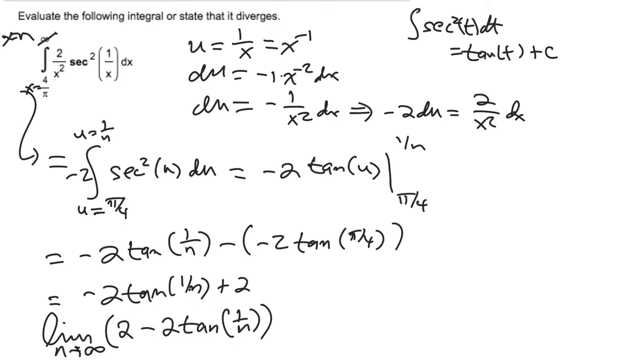That's basically using properties of continuity of the functions, that if we know where the inside function is going, then that will also work its way through the composition of functions since they're continuous. Anyway, so this goes to 0. So tangent of 0 is 0. 2 times 0 is 0. So ultimately this is just 2. And so this improper integral converges, and it converges to 2.